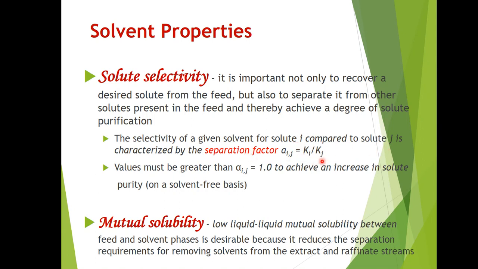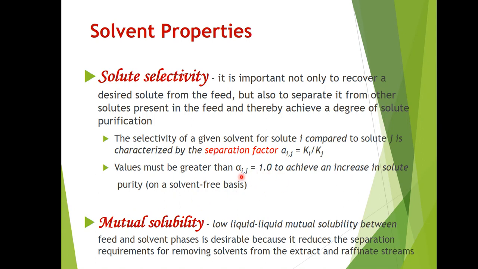It is actually the ratio of the K's, the K of component I to the K of component J. What is this K? This is the partition ratio or distribution coefficient that was discussed in the previous slide. So the ratio of K sub I and K sub J is your separation factor. A value much greater than 1 is preferred to achieve an increase in solute purity.